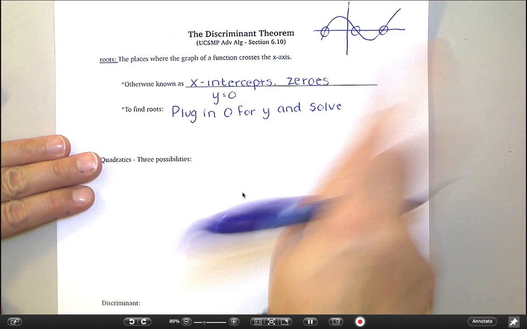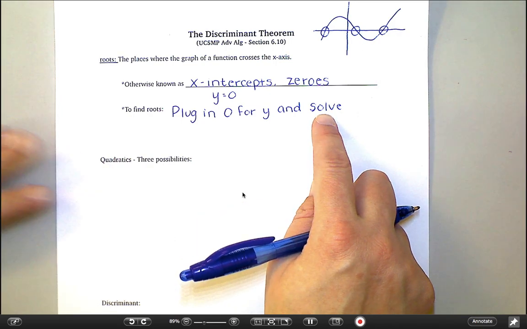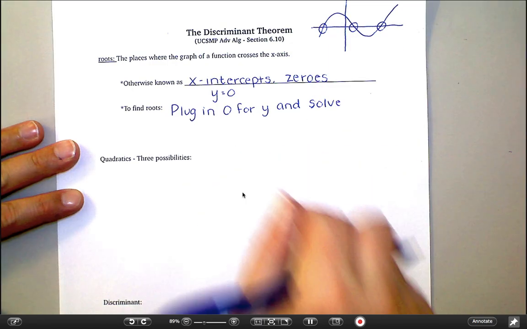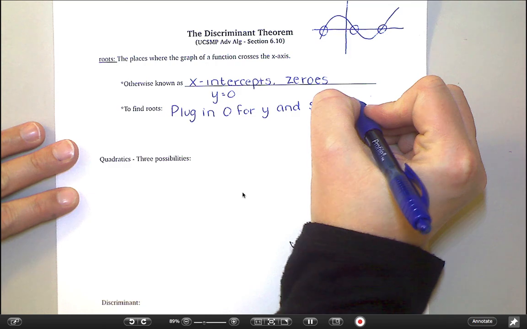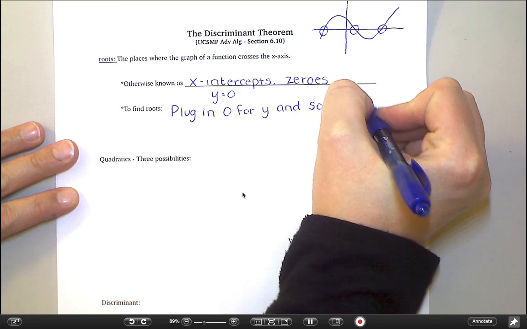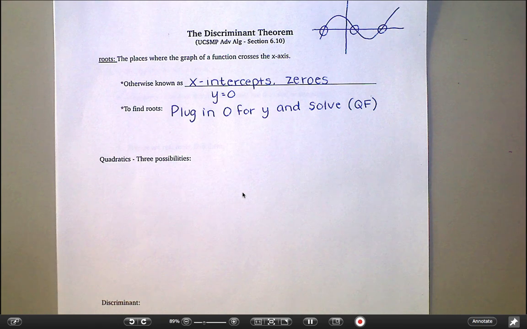And when I'm talking solving in terms of quadratics, meaning anytime I'm working with a parabola, and I realize this is not a parabola, but if I was working with a quadratic and I'm talking about solving, that's going to involve, my friend, the quadratic formula. So all of this kind of loops back around to quadratics and the quadratic formula.